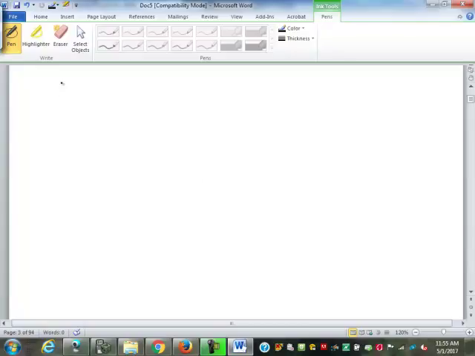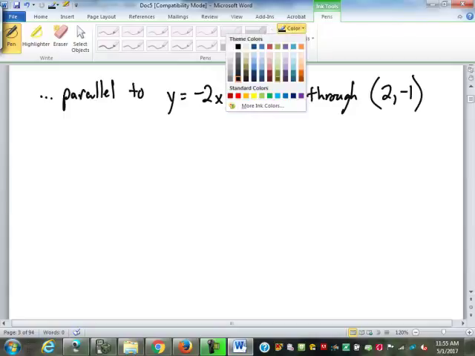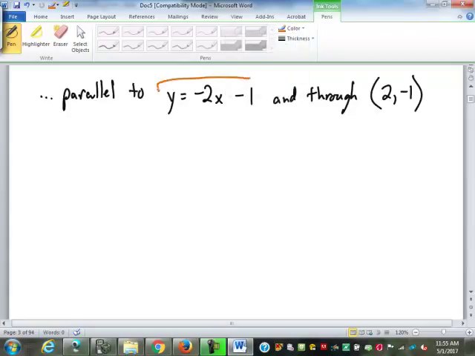So I might find the equation of the line parallel to y equals negative 2x minus 1 and through the point 2, negative 1. So again, the only thing we want out of this equation is its slope.